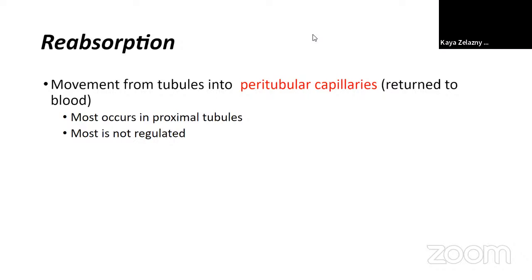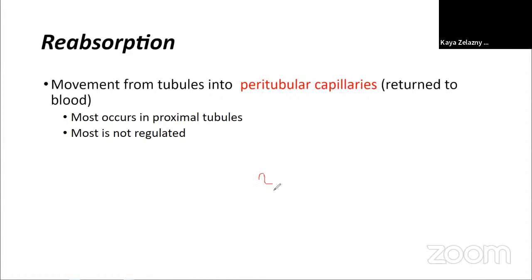So what we were talking about on Wednesday and that last little explanation in that flow chart, we're talking about filtration, control of filtration, right? So filtration, just a reminder, is movement from, this is our glomerulus, this is Bowman's capsule.